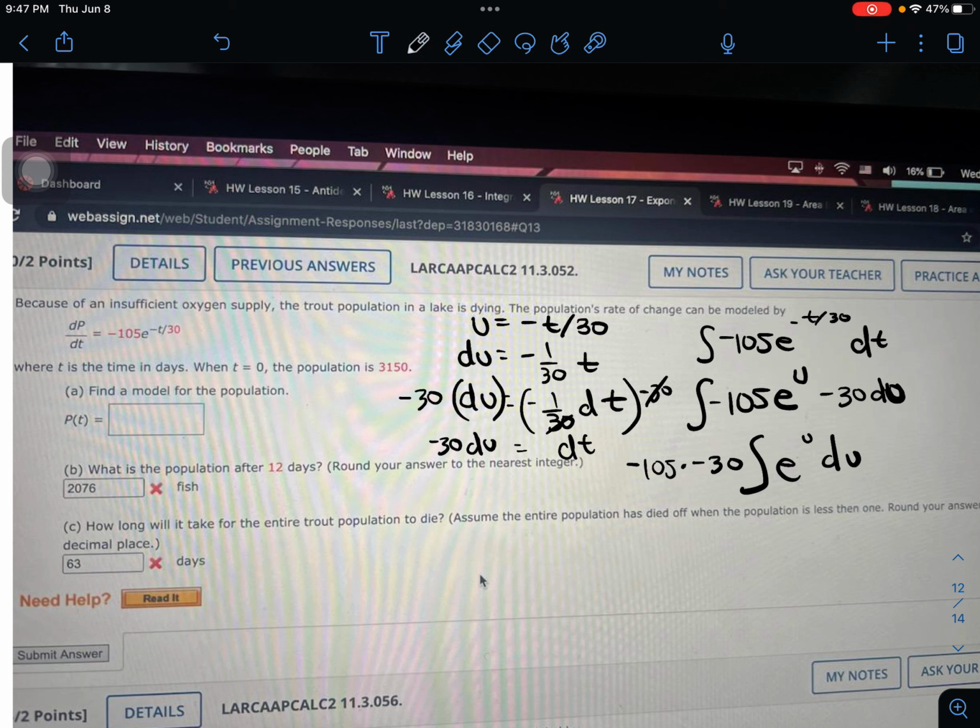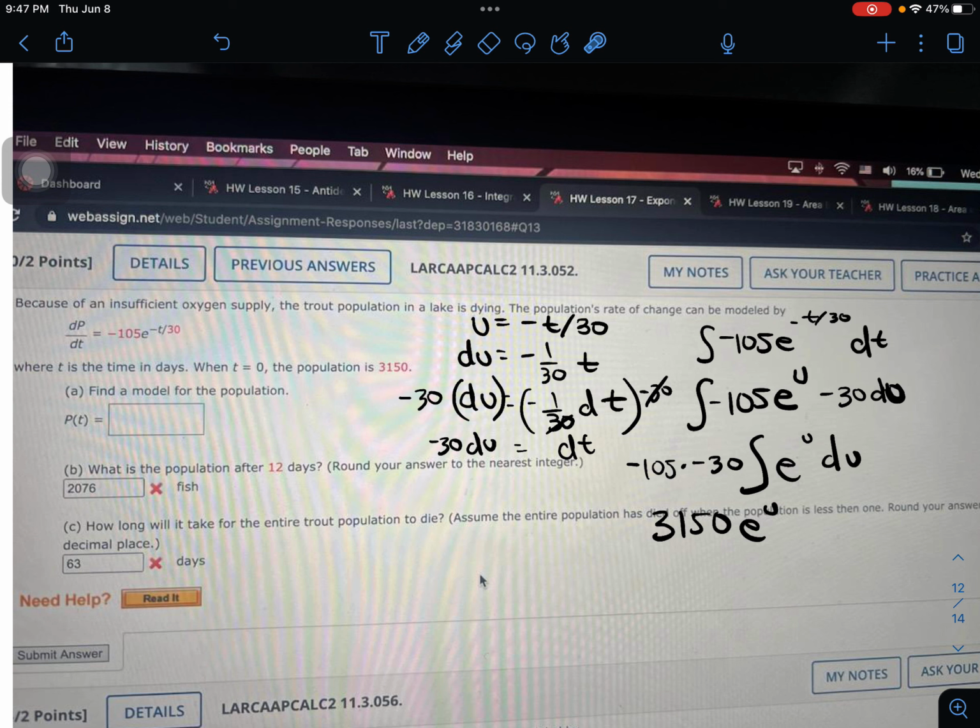All right, so when I do that, I'm going to multiply these two things together first. Hold on one second. Let me get to my calculator. Negative 105 times negative 30 is 3150. So that's going to be 3150. And the integral of e to the u is just e to the u. And I'm almost done.